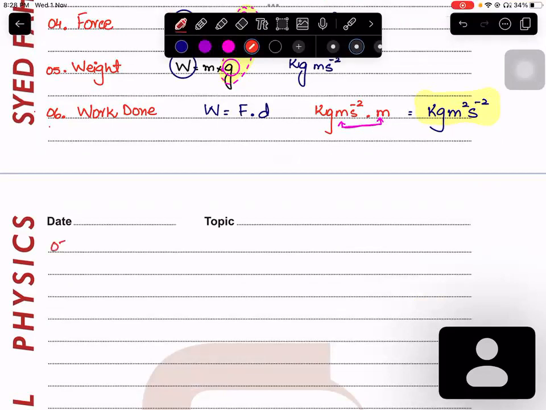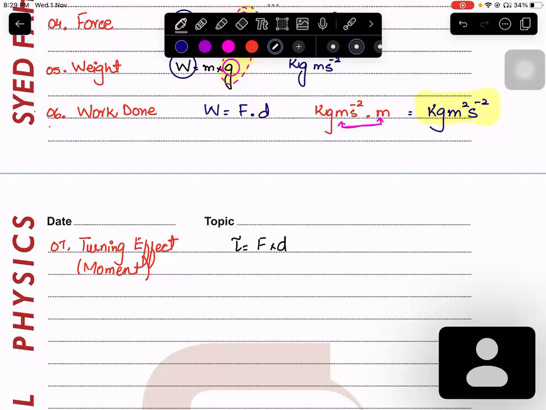Yes, sir, I'm clear. The seventh quantity is turning effect, moment. From O levels, you call this thing moment. So the formula of moment is tau, m equals f into d. One more thing you have to remember: there are multiple physical quantities which share the same formula, due to which they have the same basic unit.